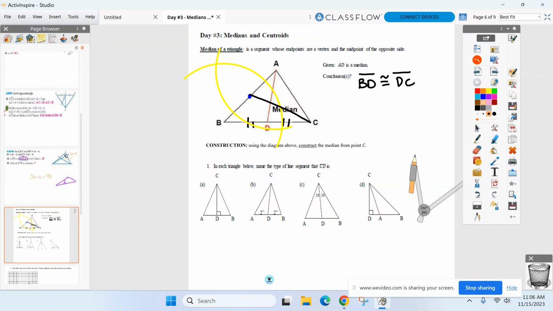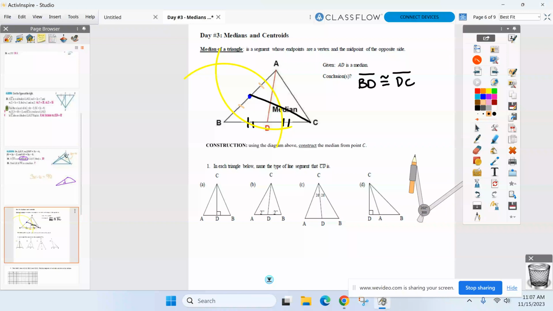And if you want to mark both sides congruent, you can do that as well. Everyone all right on the construction?